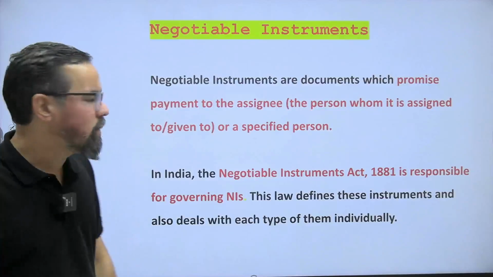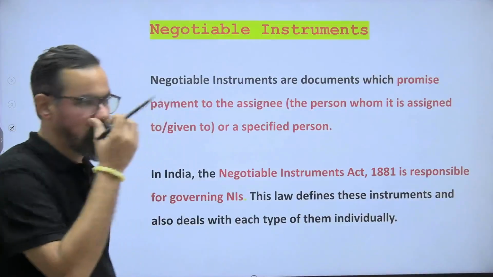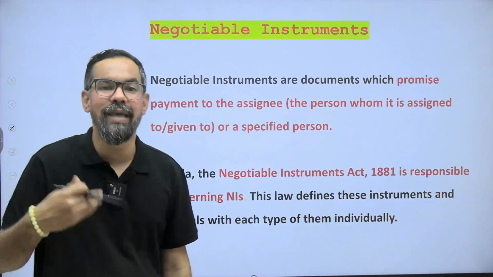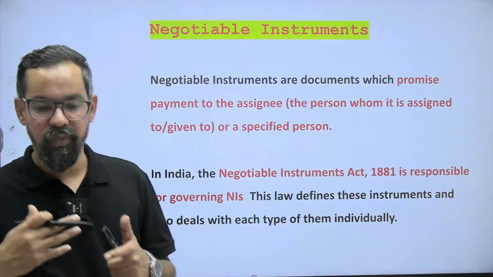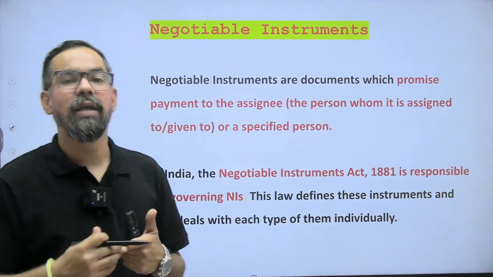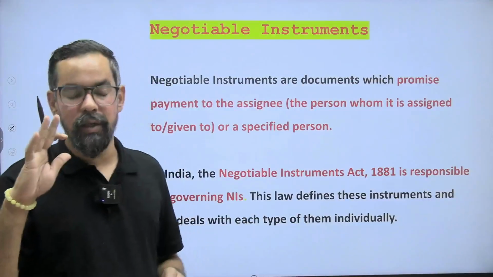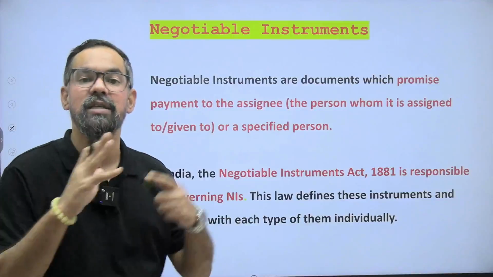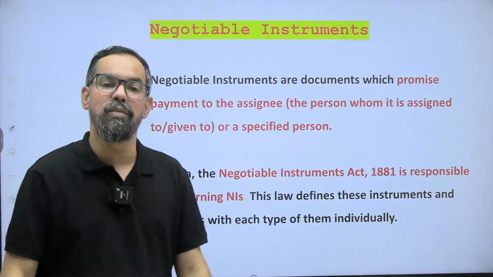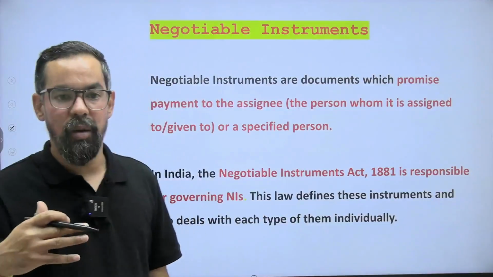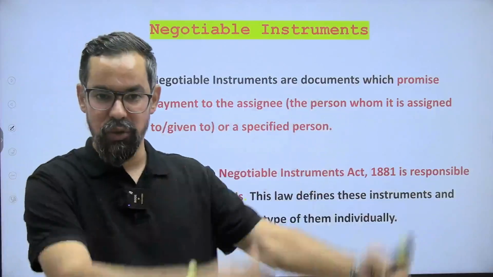So negotiable instruments are instruments which we can use as instruments of credit, or as a substitute for the existence of cash. Let's say you have to make a payment to someone else.